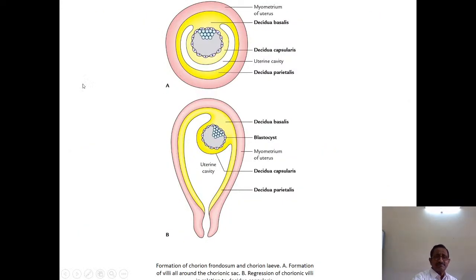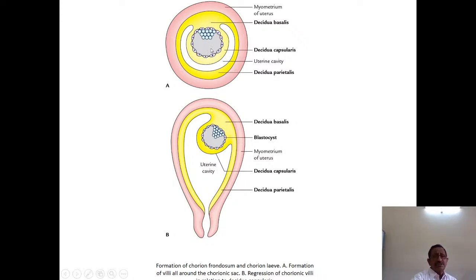So here, this is the uterine myometrium, and this brown one, and then this yellow one is the uterine endometrium. Whereas here, the endometrium at the site of implantation, we are calling decidua basalis.